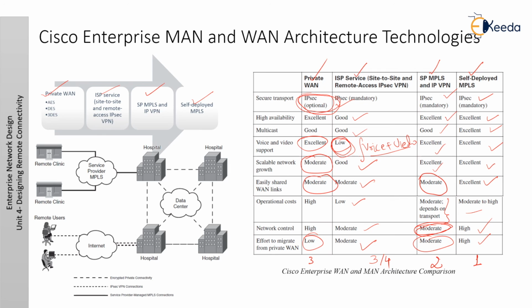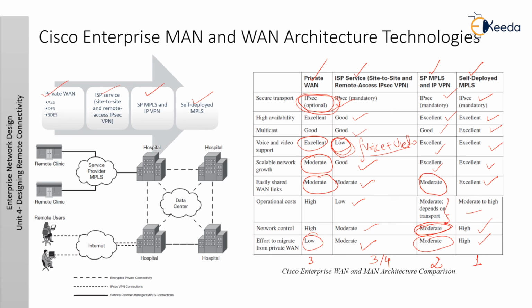Self-deployed MPLS is a network segmentation technique that allows an enterprise to logically segment the network. It is typically reserved for very large enterprises or SPs willing to make a significant investment in network equipment and training, and for those that have an IT staff that is comfortable with a high degree of technical complexity.